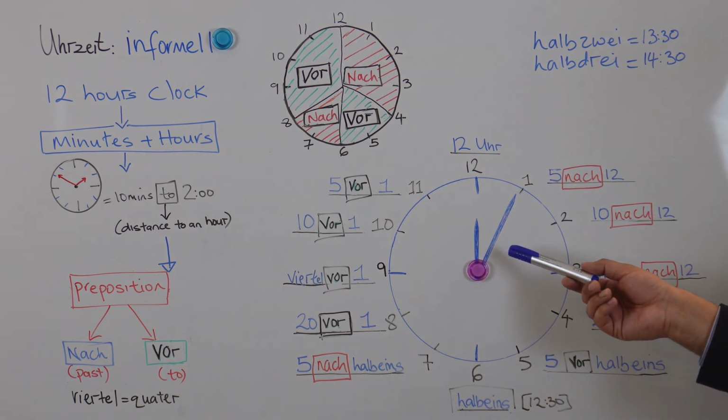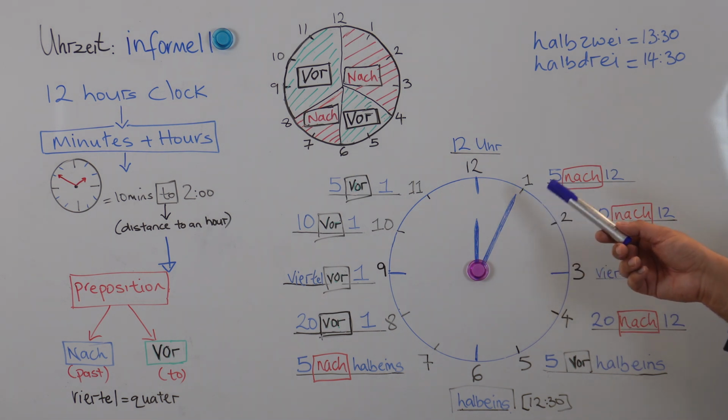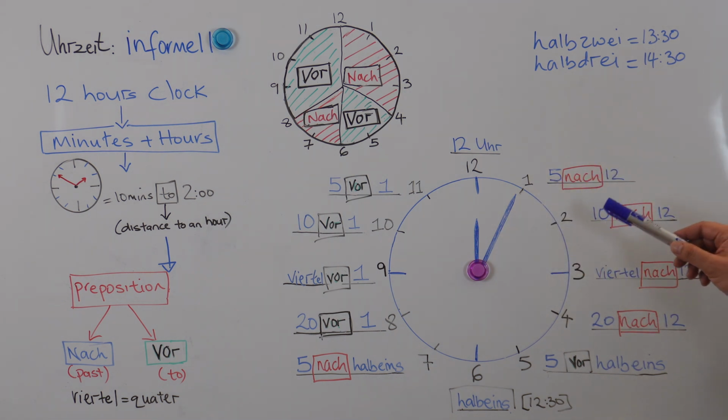Similarly, when your minutes needle goes to 10 minutes, then you will say 10 past 12. That will be translated into German as 10 nach 12.